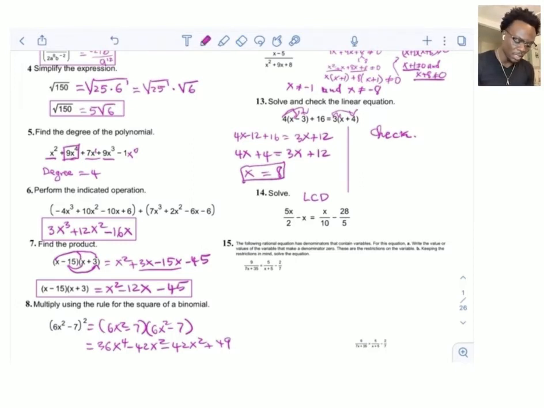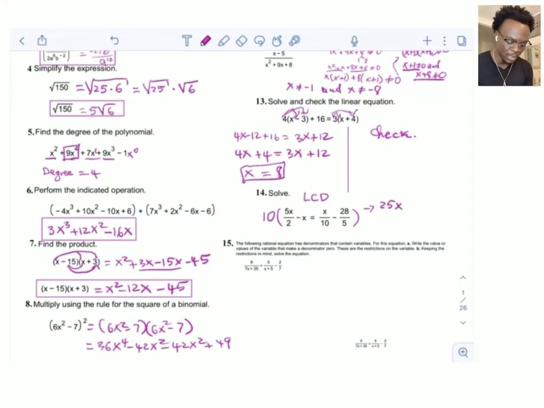So 10 being the least common denominator, now we can multiply everything by 10. Multiplying everything by 10 would mean that we need to first divide 10 by each denominator and multiply the result by the numerator of each fraction. So 10 divided by 2 is 5. 5 times 5 is 25, so 25x for the first fraction.